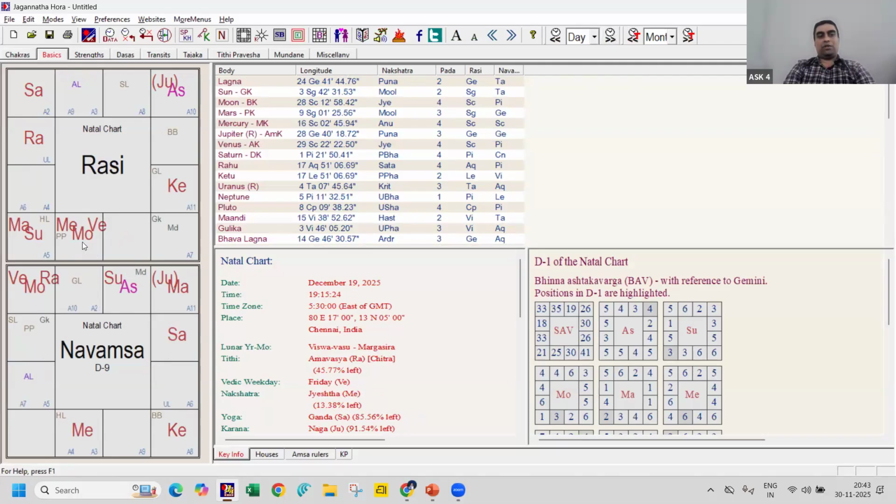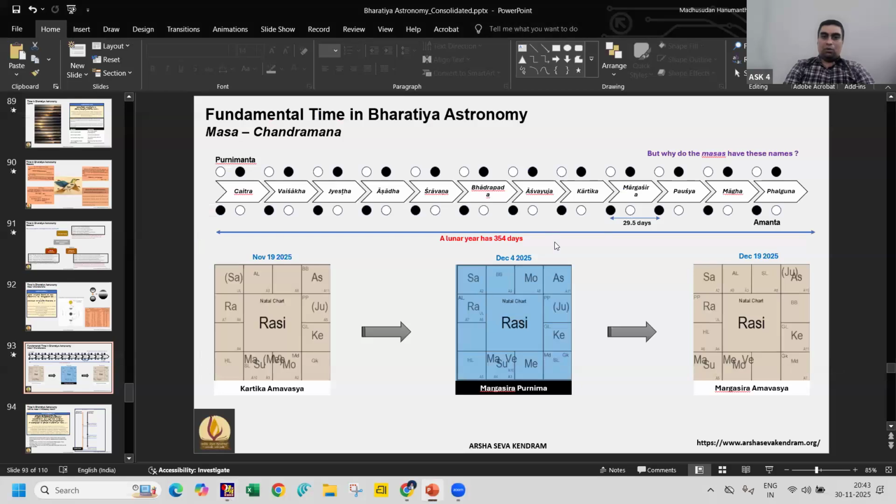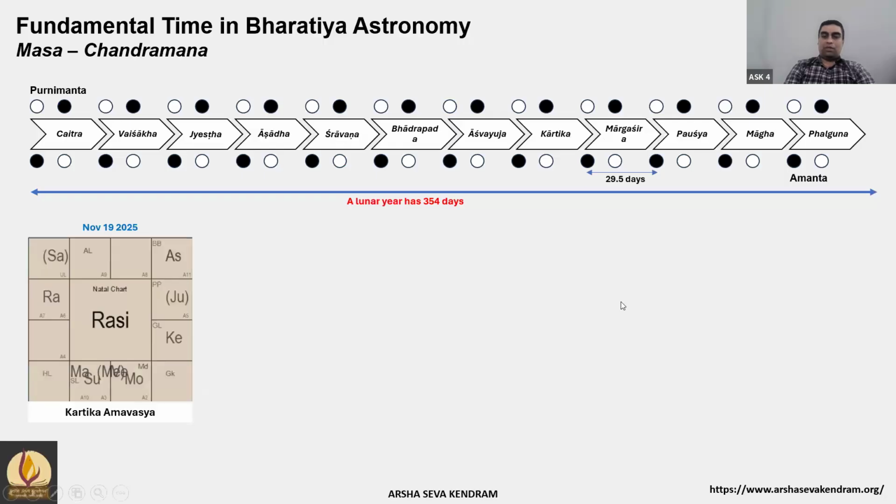So again, the angular separation between the moon and sun has decreased very much. So this is how the tithis are progressing within a month, and this is how the month keeps changing as the moon keeps moving away from the sun.